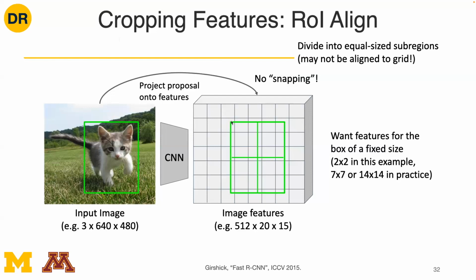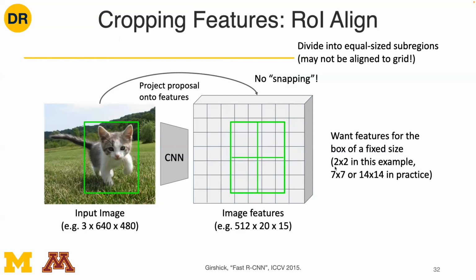At this point, RoI Align will still try to produce some fixed canonical sized output feature map. It will subdivide the projected bounding box in the feature map according to that output size that you want, but it's going to subdivide precisely such that each of the subsized windows has an equal area in the feature map.